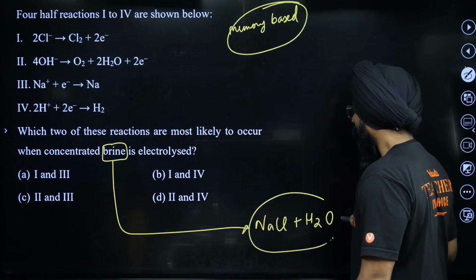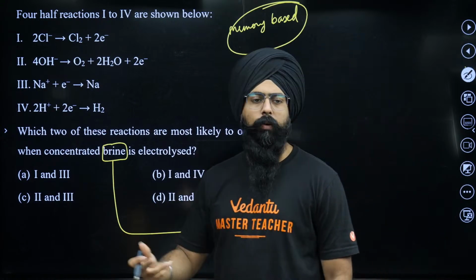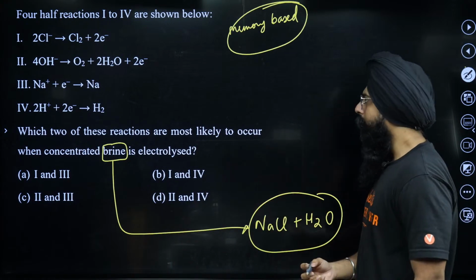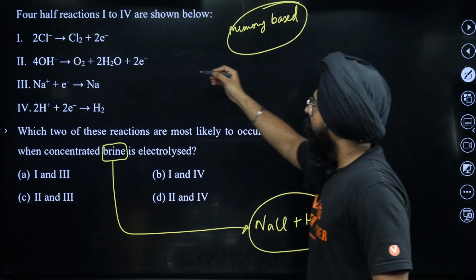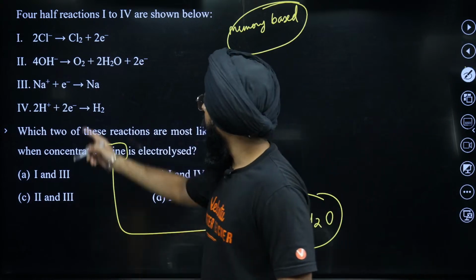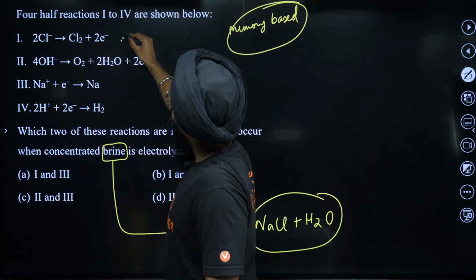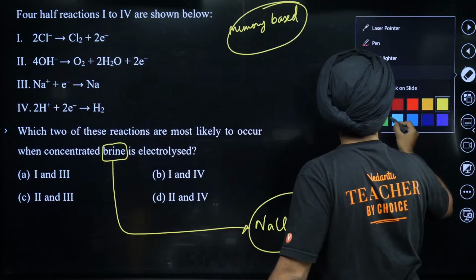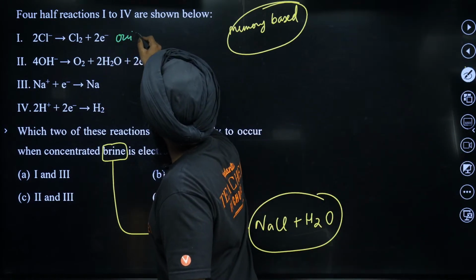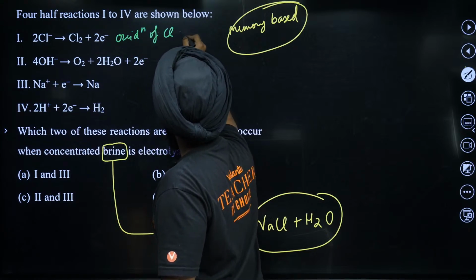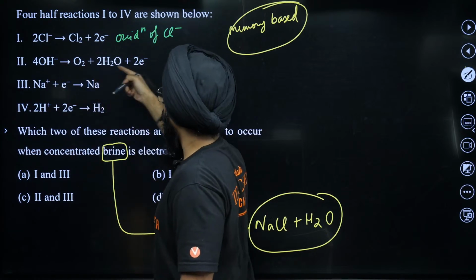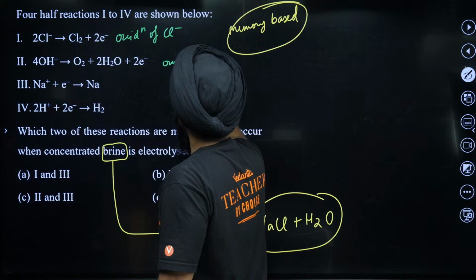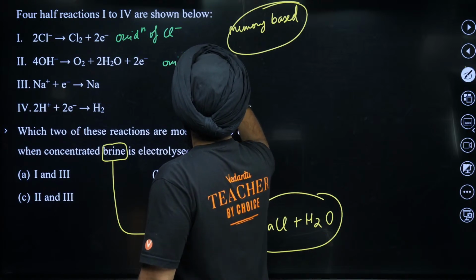So when we have NaCl in water, there are multiple reactions that can happen. What's the first reaction? The first reaction is essentially the oxidation of chloride. Then the next reaction is the oxidation of OH negative.